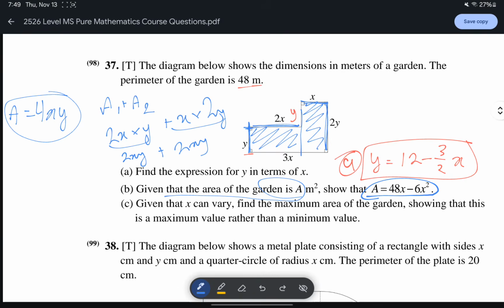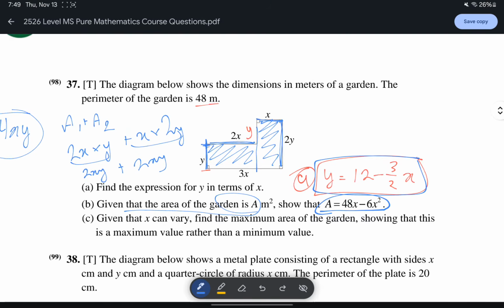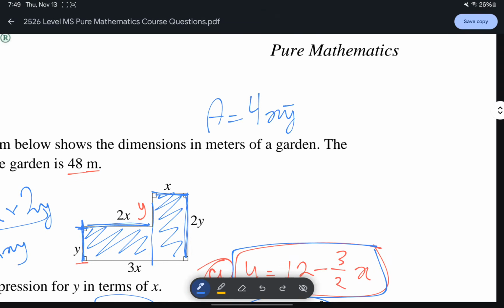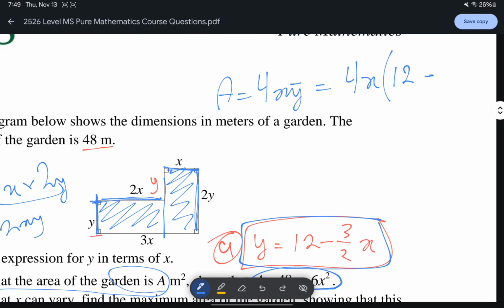Okay, to do this, we're going to take our y, so this part here, and we're going to substitute it into our equation we had in the beginning. Okay, so I'll take this, I'll write it here. We have our area is 4xy. So we'll substitute the y, so it's 4x times 12 minus 3 over 2 x.